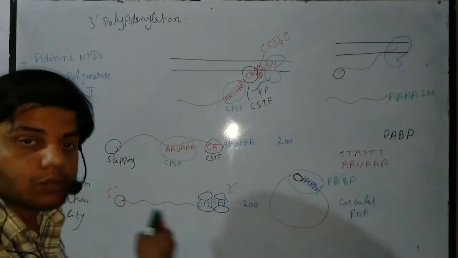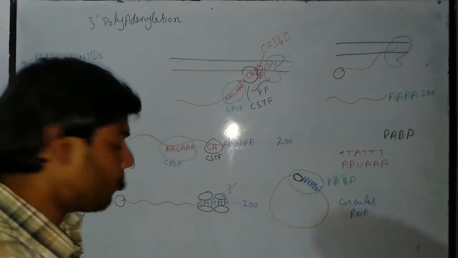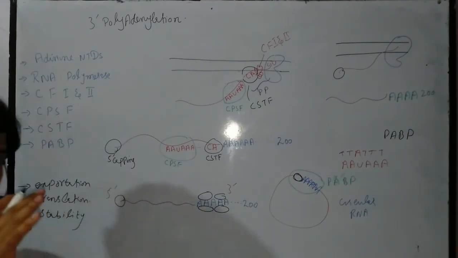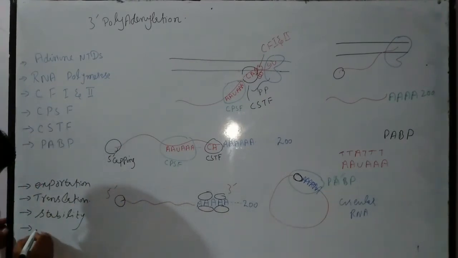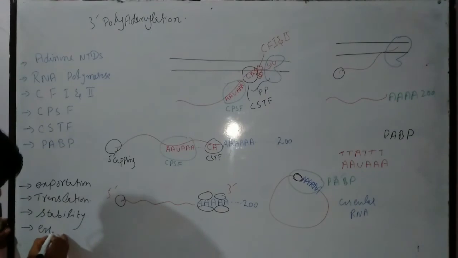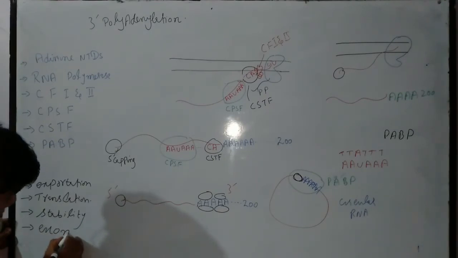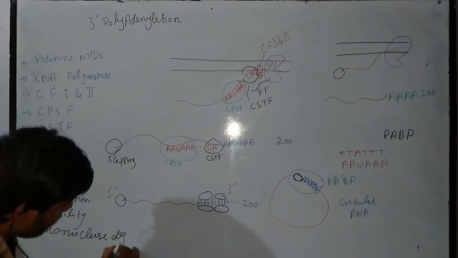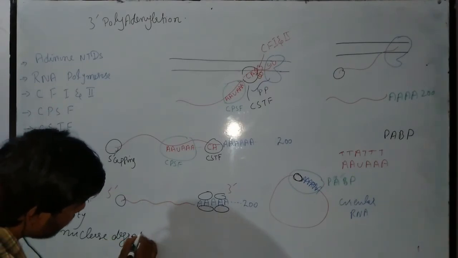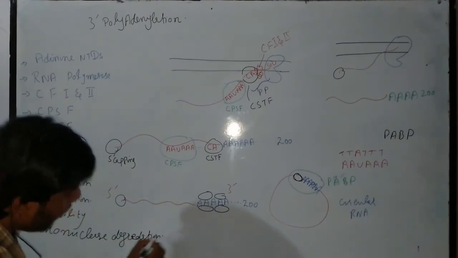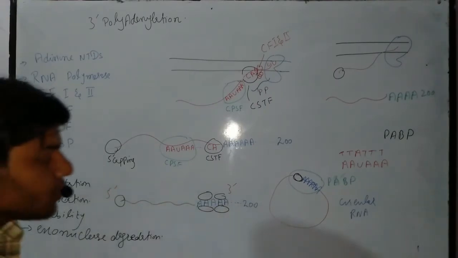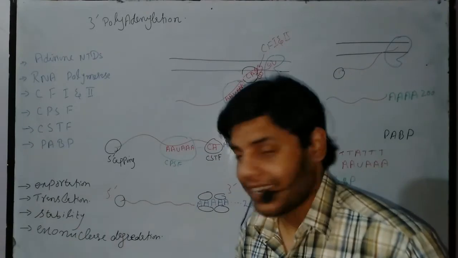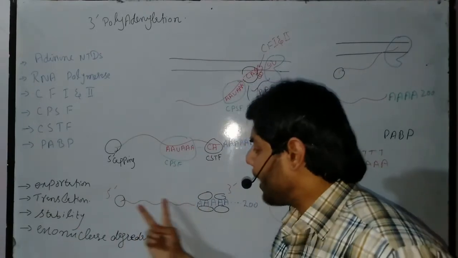That's why polyadenylation is very important. Another importance, which is a very main property, is protection from exonuclease degradation. What does it mean? It means due to this 3' polyadenylation, the exonuclease, which is an enzyme which can cleave the terminal end of the RNA.